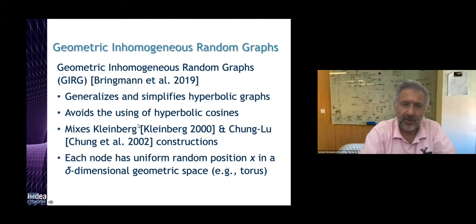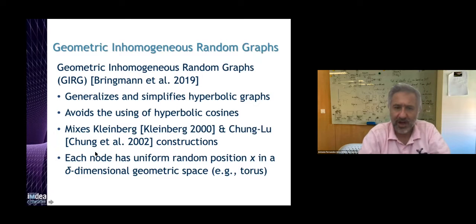Essentially, initially, you choose how many nodes you want to have. You place them in a uniformly random position in a geometric space, say two-dimensional, but in general, delta is the number of dimensions. For instance, a two-dimensional torus, a three-dimensional torus, or a three-dimensional Euclidean space.